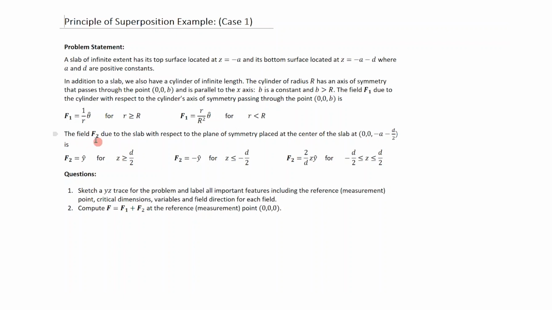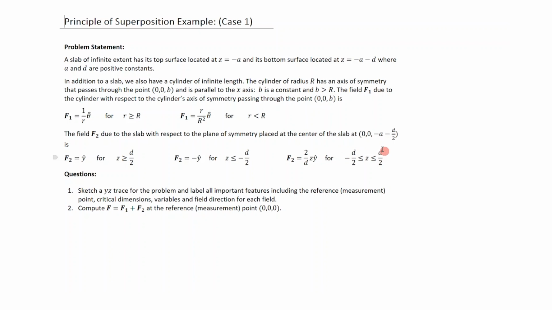For the field F2 due to the slab, with respect to the plane of symmetry, which we're placing at the center of the slab at this location, we end up with a field distribution that looks like this. So we have above the slab, below the slab, and any point between the top and bottom of the slab. Again, this will be determined later on in the course.